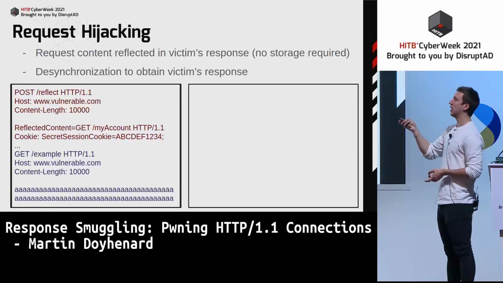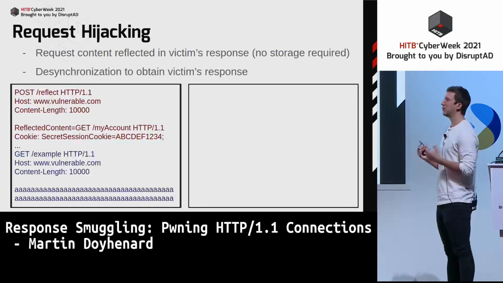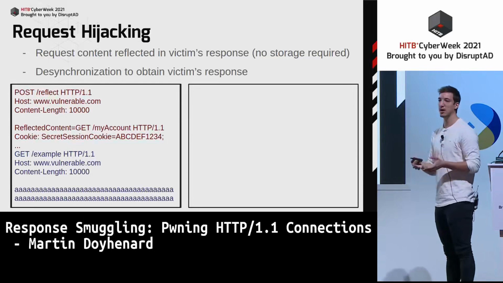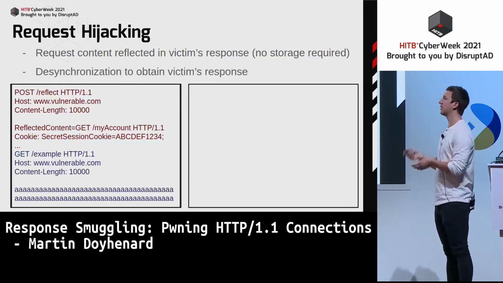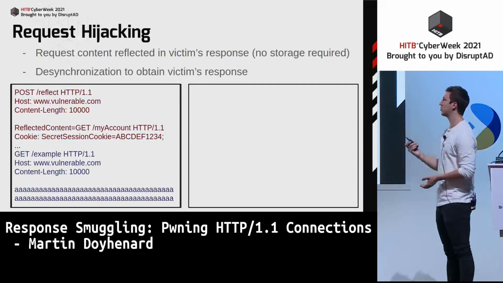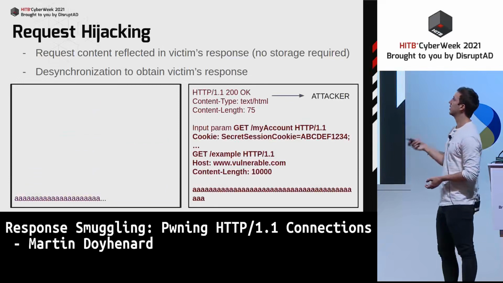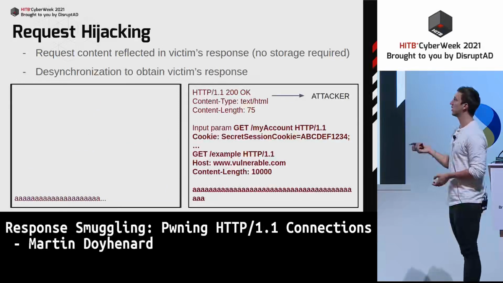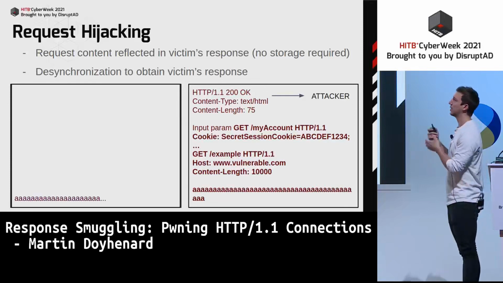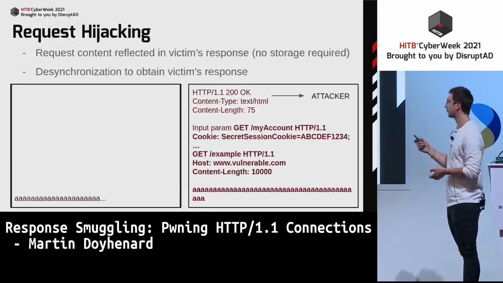If you see, I use a big content length here, and that is to allow the attacker to send extra data that will also be concatenated, and to avoid the backend creating the response before the new data is retrieved. So what this will create is a new response containing the request of the victim, but as I'm able to desynchronize this, the attacker will then receive this response.